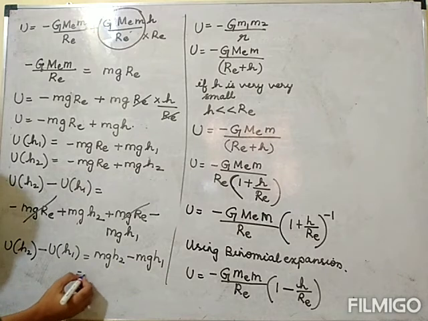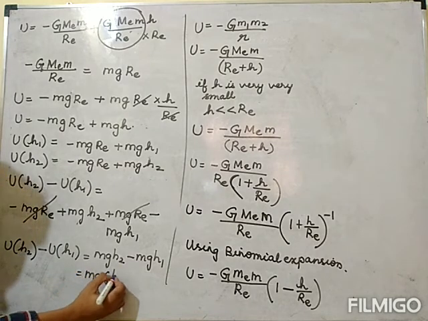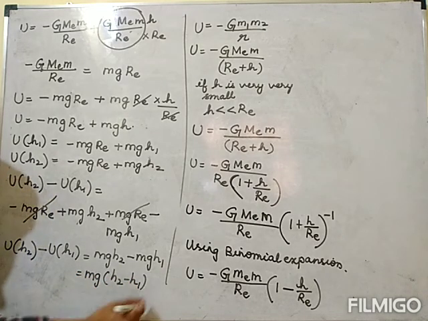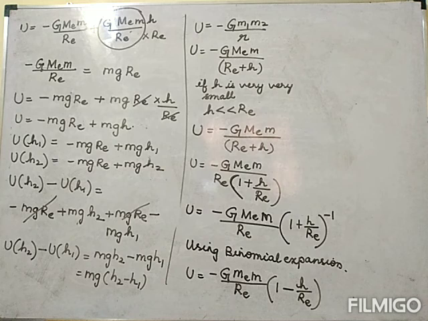Mg I can take commonly outside, mg into h2 minus h1. Okay, so this is the gravitational potential energy near the surface of the earth. Okay, take it.